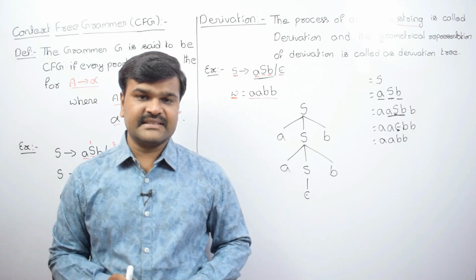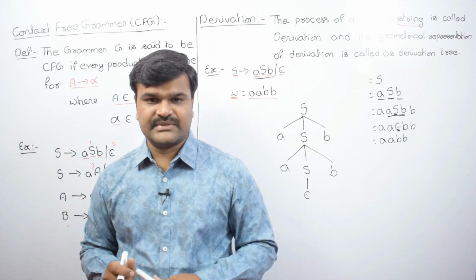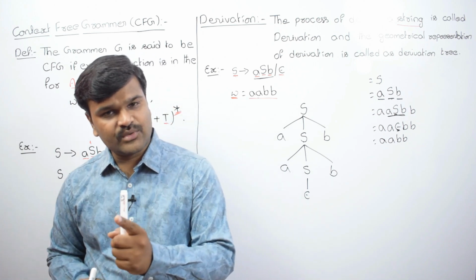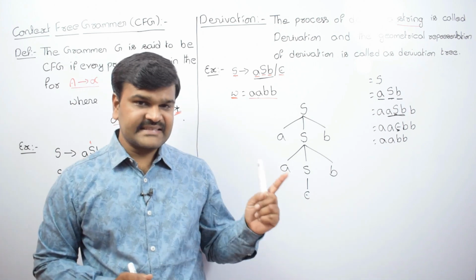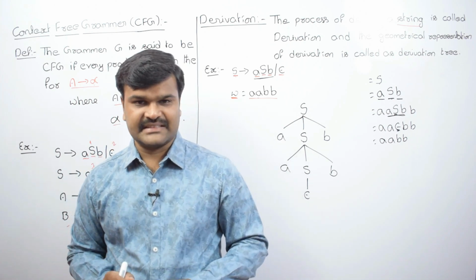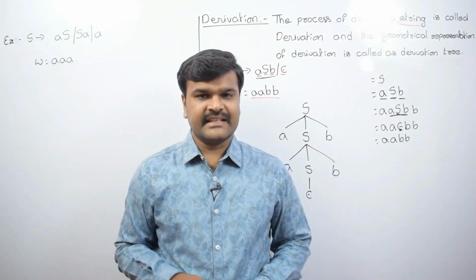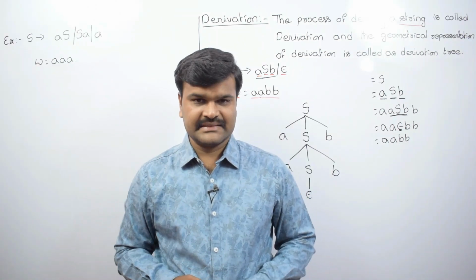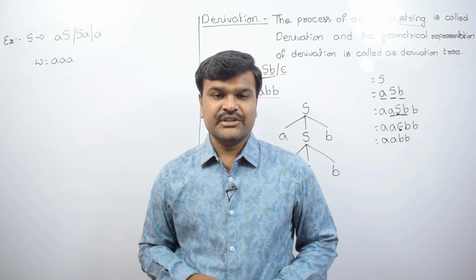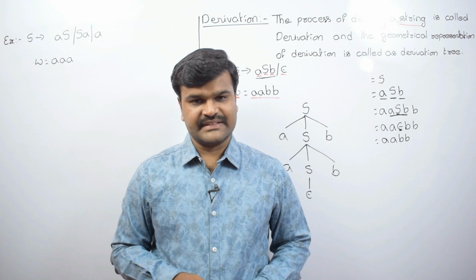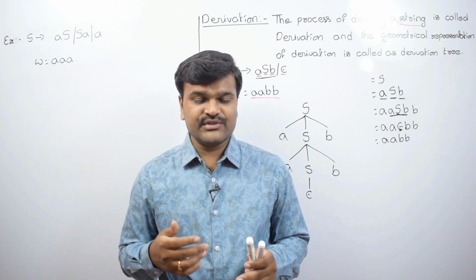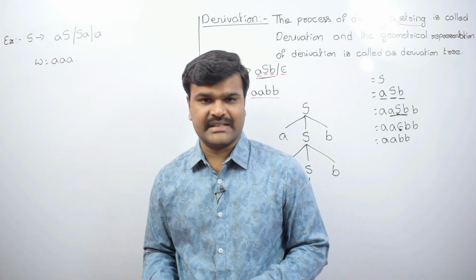In derivation we have two types: leftmost derivation and rightmost derivation. As the names imply, what is leftmost derivation and what is rightmost derivation? In a production sometimes you may have more than one non-terminal.